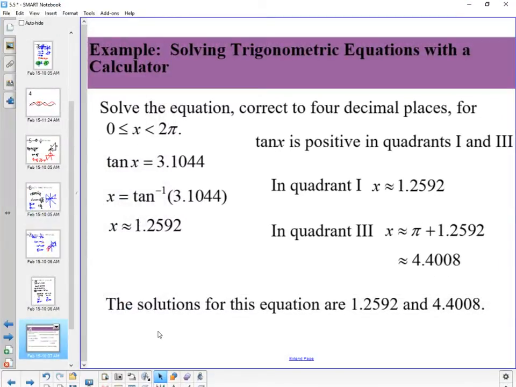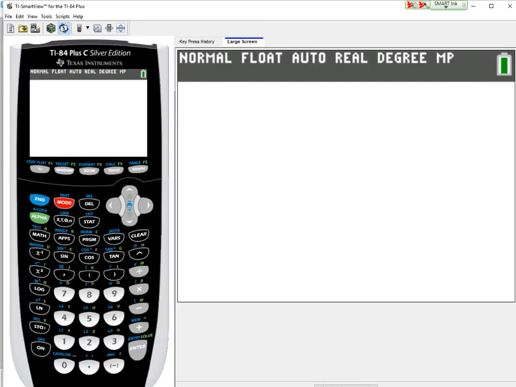Our objective for this problem is to find the angle where the tangent is 3.044. All we really need to do is use the tan inverse, right? I know the ratio, I want the angle. So I'm going to punch this into my calculator. Make sure that I'm in radian mode.